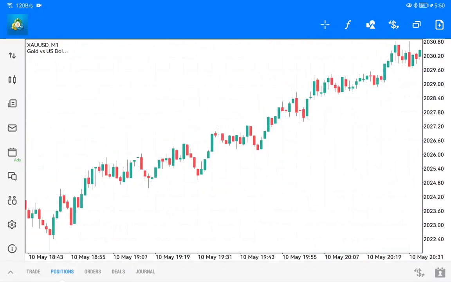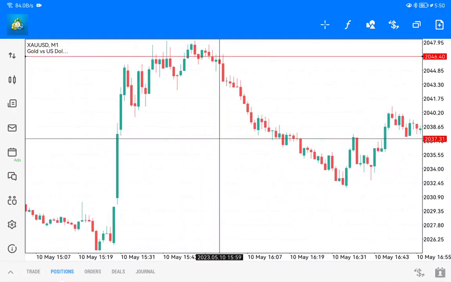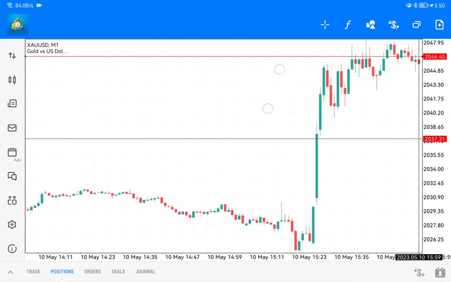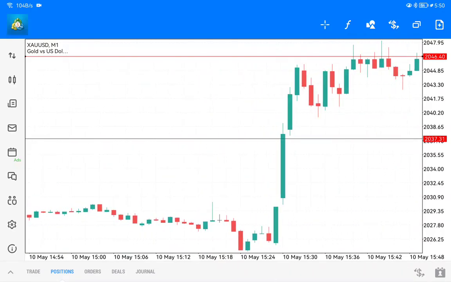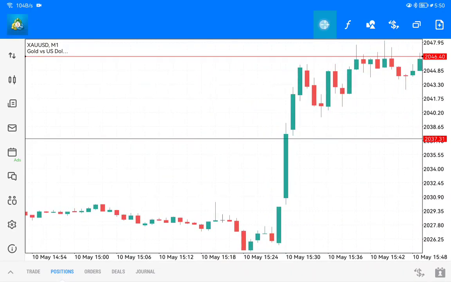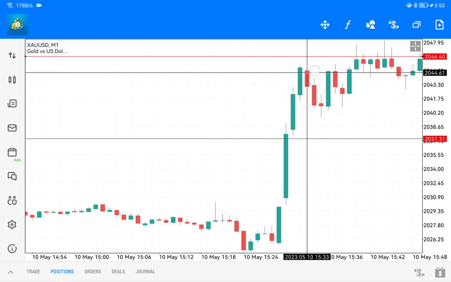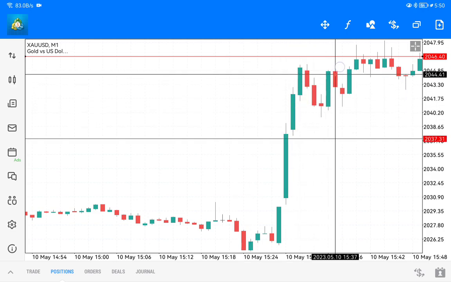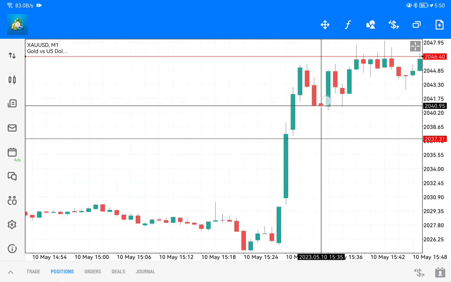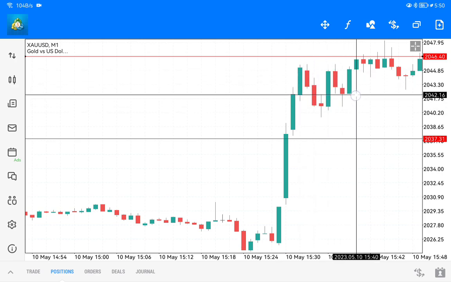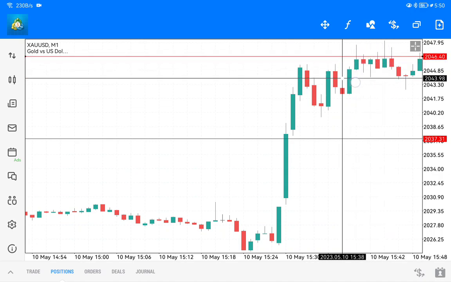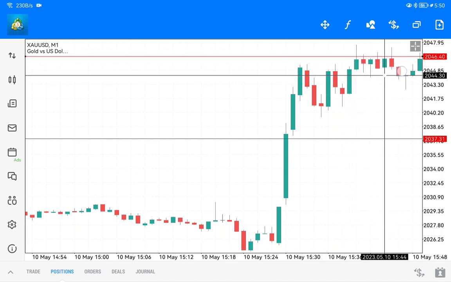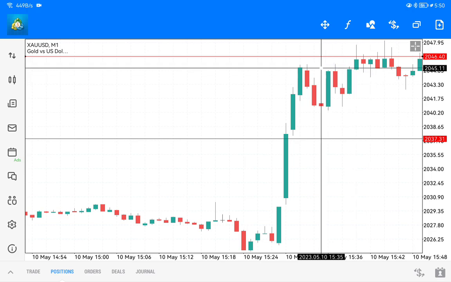Here, makita natin yung shoot up and then create a support and resistance here, support, and hindi niya nabasag, created a lower low, binasag niya, then nag-consolidate yung price then for how many minutes? 1, 2, 3, 4, 5, 6, 7 minutes, and then knowing that it will enter a new hour, magko-close na siya ng hour.